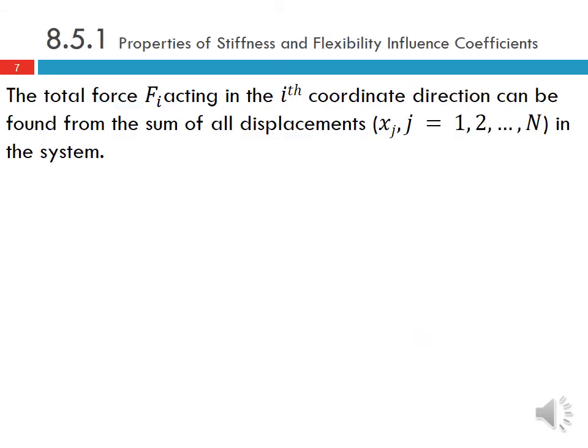Now we can discuss some properties of stiffness and flexibility influence coefficients. So the total force Fi acting on the ith coordinate direction can be found from the sum of all displacements xj, where j goes from 1 up to n in the system. So Fi is the sum, j goes from 1 to n, of Kij xj.